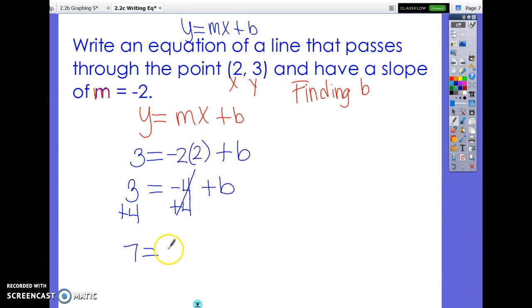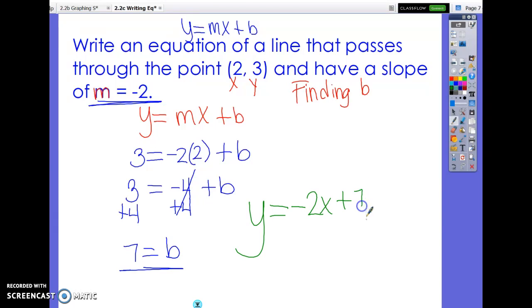Our 4's cancel each other out, so 7 is equal to b. Now that we have our slope that we started with and our y-intercept that we just found, we can write the equation of our line. So y = -2x + 7. That's our answer. That's all we need.